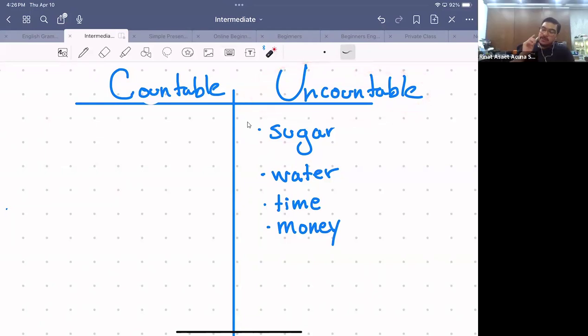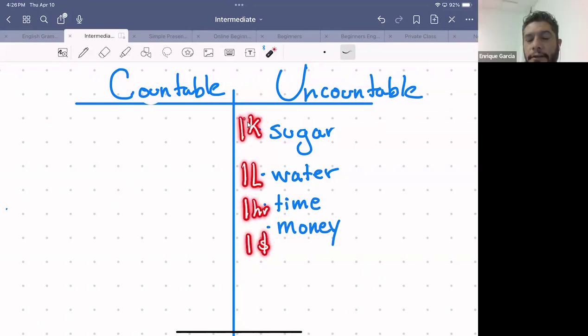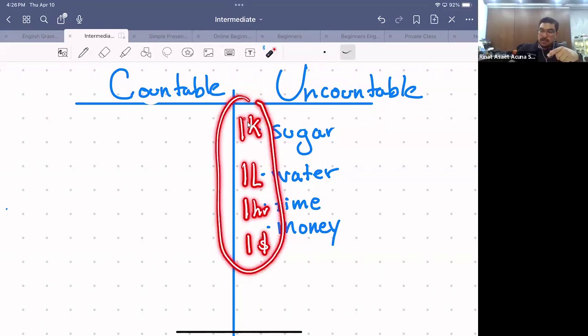Now, si tú notaste, todo lo que se pueda cuantificar, the sugar, 1 kilo, the water, 1 liter, the time, 1 hour, the money, $1 dollar, this is countable.